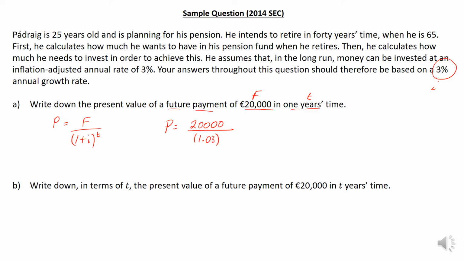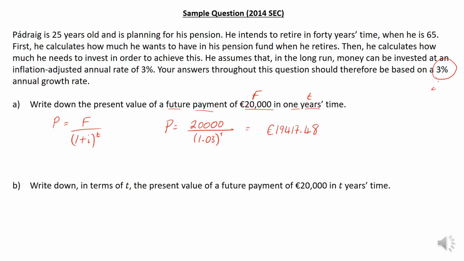So that's our 1 plus the 3%, 1.03, and in 1 year. Dividing 20,000 by 1.03, we get an answer of 19,417.48. Check that with your calculator that you can arrive at the same answer.